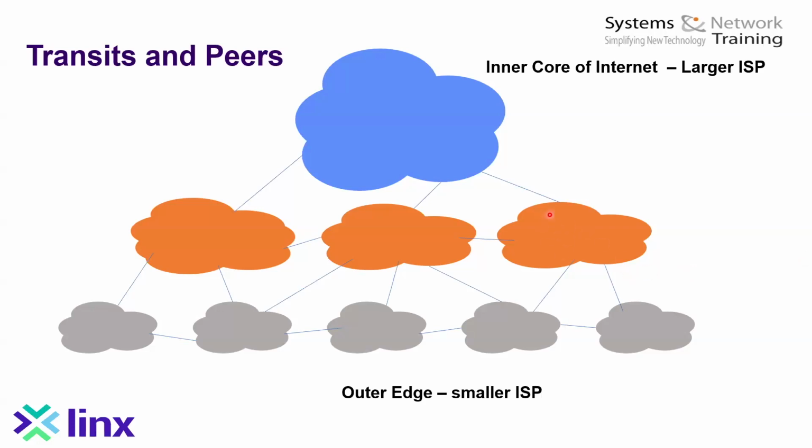So, for example, here, this orange service provider can purchase a transit service from the blue ISP, and if the blue ISP has much more connectivity, knows about many more routes than this service provider, then the provider that's being paid the money gives this smaller provider access to that large number of routes.